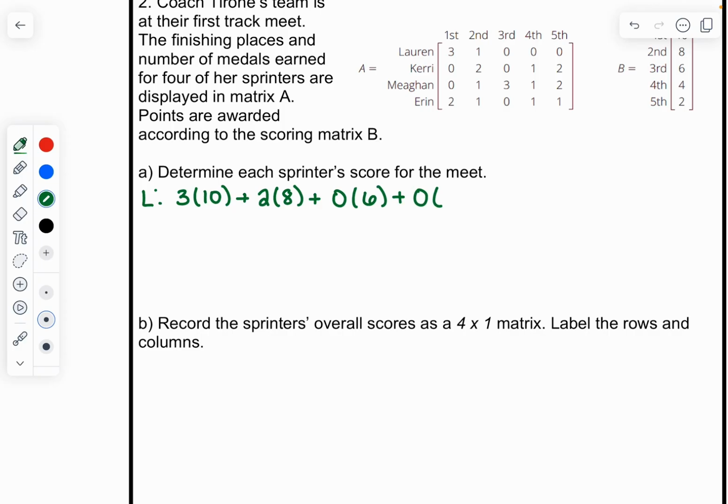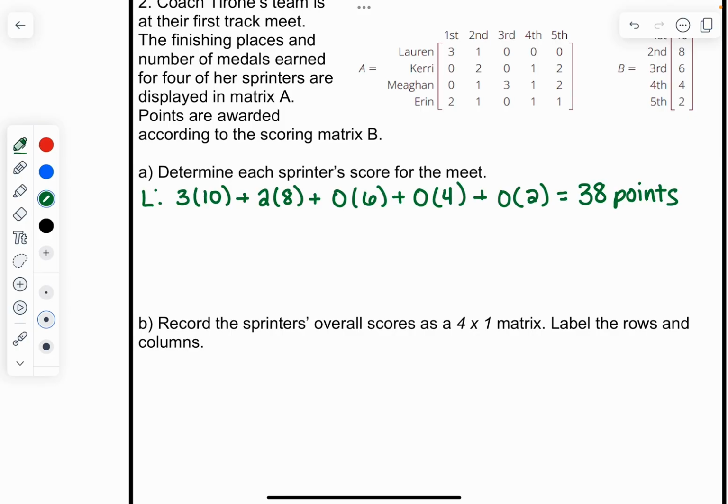She has no 4th places, so that would be 4 points times 0. And then she has no 5th places, so we would multiply that by 2. When there are 0 places, you don't have to write it. You can skip over it if you want to, but if you need to see it, write it. So how many total points would Lauren have? That would be 38 points.